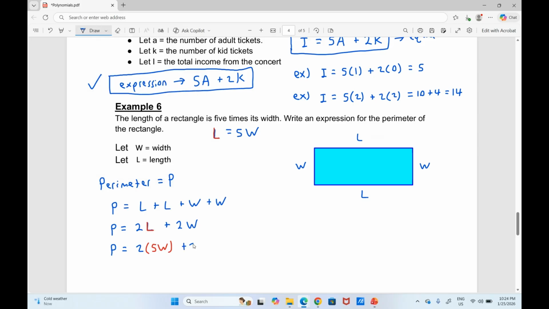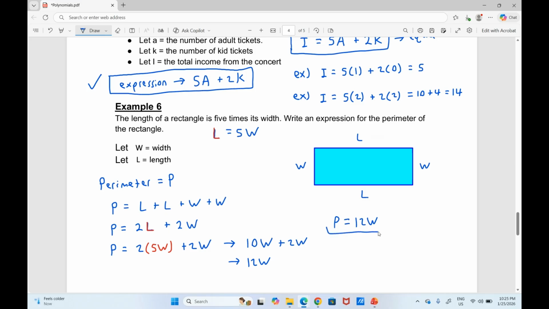And then I have plus 2W. So in this case, 2 times 5 is going to be equal to 10. So I'm going to have 10W plus 2W, which equals 12W. So I can say my perimeter equals 12W, or 12 times width.